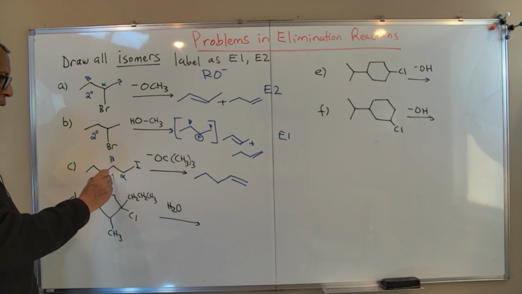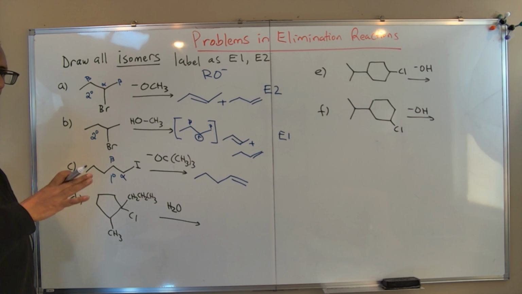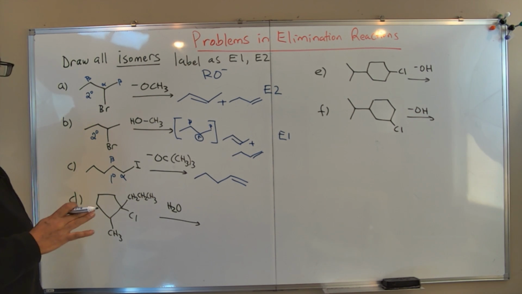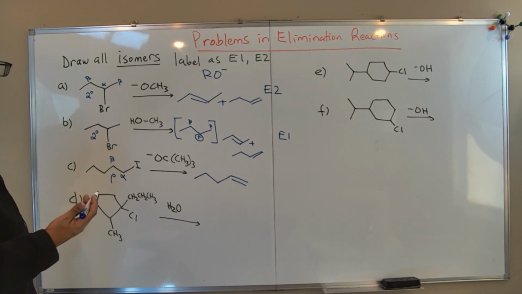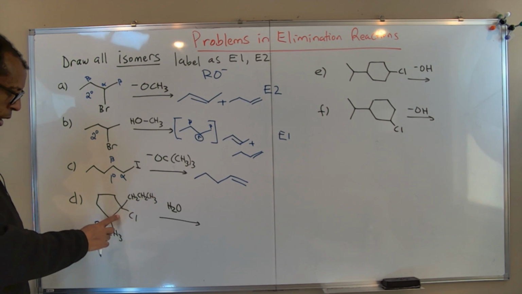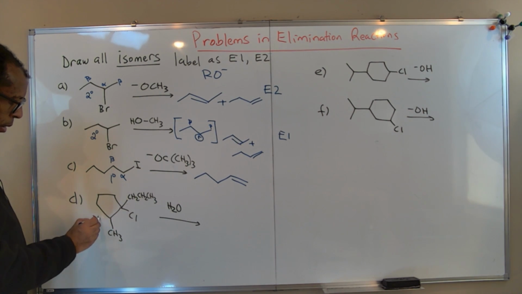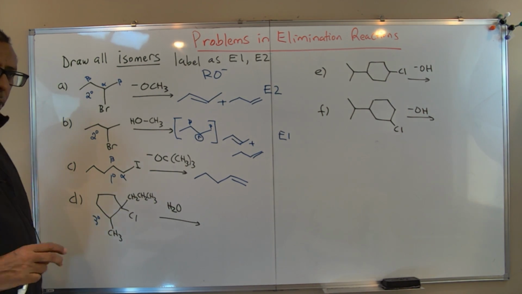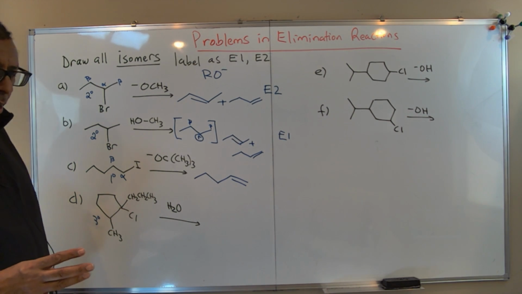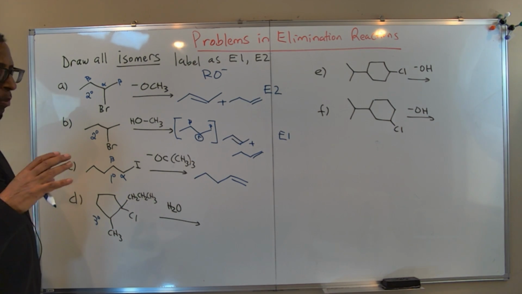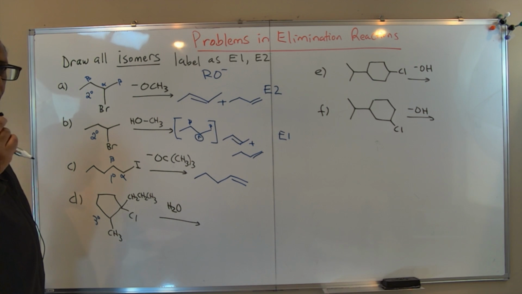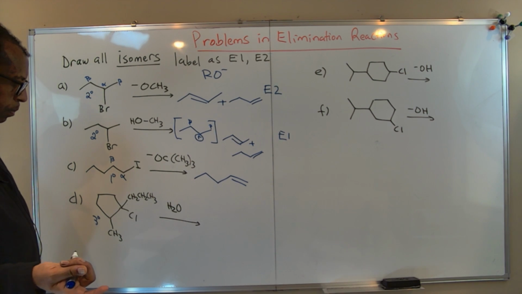This is a primary alkyl halide. Mostly this has to go by an E2 mechanism, because it cannot create a carbocation. Here you have a tertiary. Tertiary ones easily form carbocations, so they always go by an E1 mechanism.